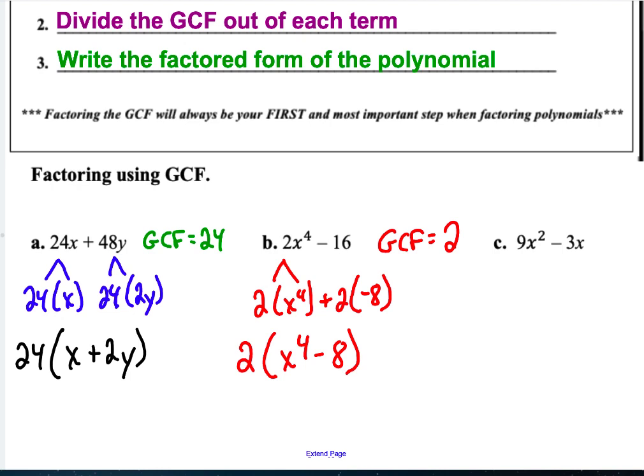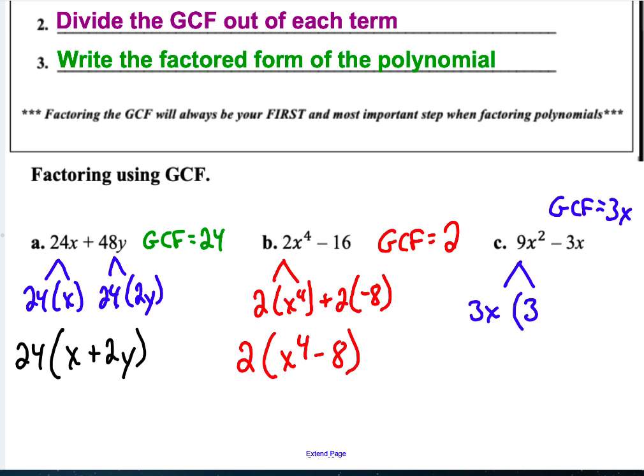Okay. Next one, starting to get a little more complicated, 9x squared minus 3x. So my greatest common factor, in this case they both have a 3 in common, but they also have an x in common. So I'm going to pull an x out of each of those terms as well. So I can pull out the 3x from 9x squared.